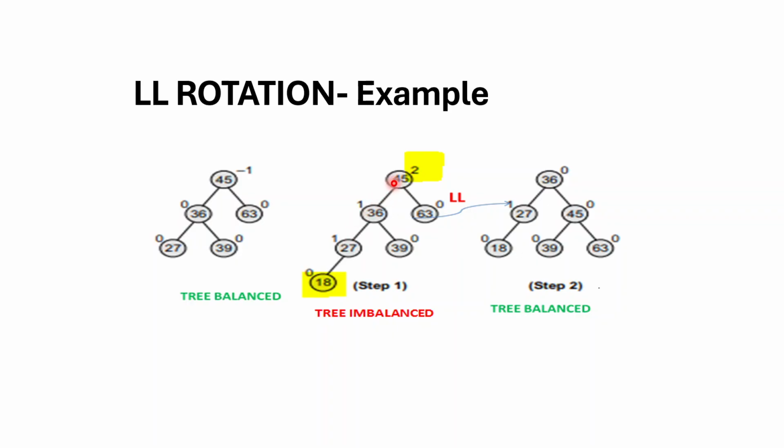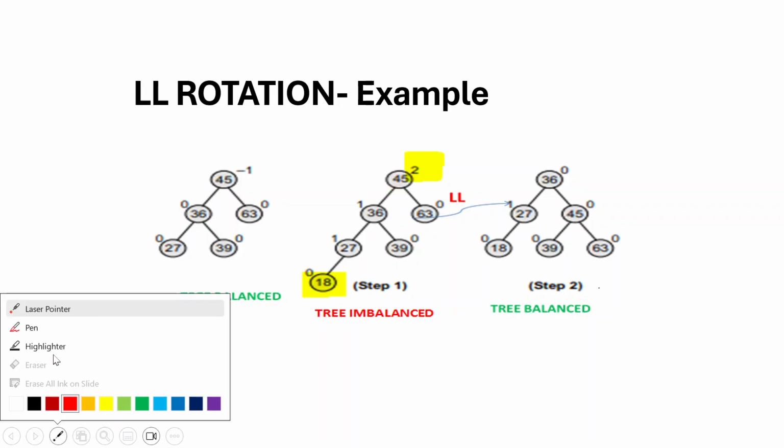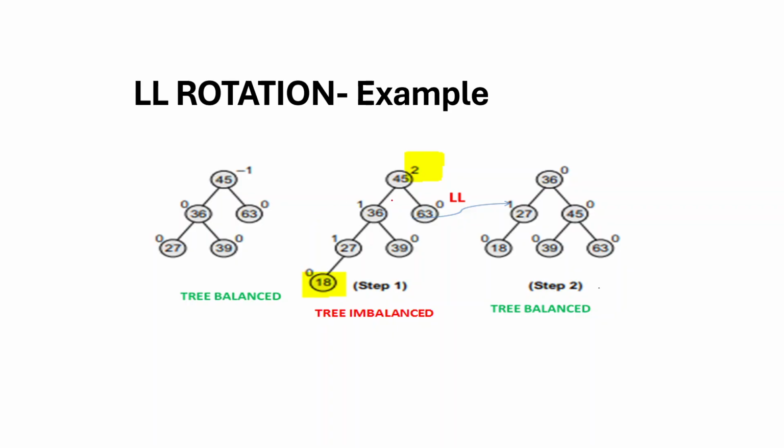Then we will perform the rotation. We will put a nail over here and make a thread, and then pull 45 to the down side, 36 to the root side and 27 to the above side. Put a nail over here and have a thread.